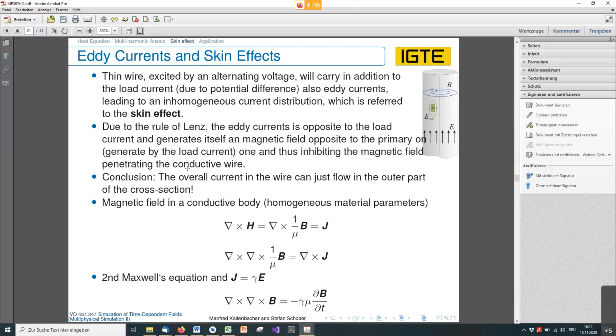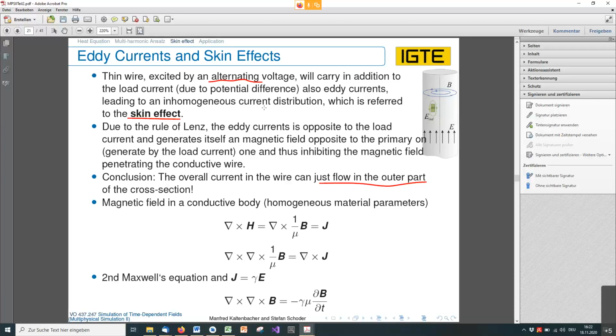This is also called the skin effect, where the current is flowing in these outer parts of the conductor, and this is happening only when we consider time changing magnetic fields.